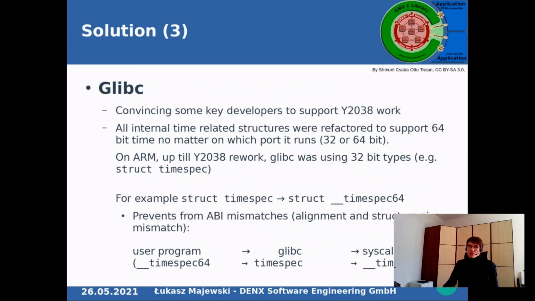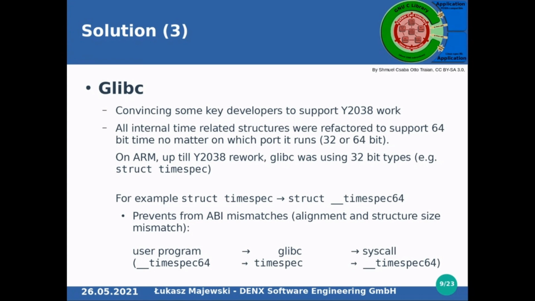And how was the problem solved in the glibc project? In the glibc project, there are many people with server backgrounds, cloud backgrounds, desktop development backgrounds. So for them, the year 2038 is not a real problem, because for many years now they have used only 64-bit machines for their work.